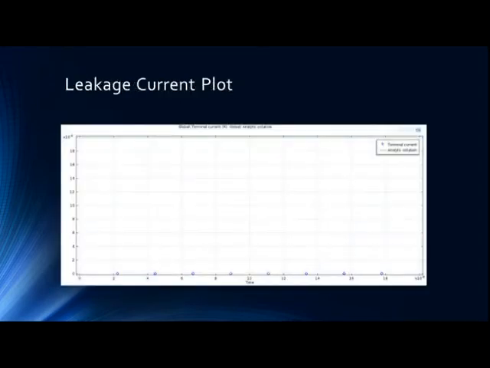The graph seen here is a leakage current plot. Now, the graph shows that the current through the dielectric material is zero, and this can be attributed to the relatively small conductivity of the material that was calculated and inputted into the material properties, which essentially makes the conductivity of the material zero.